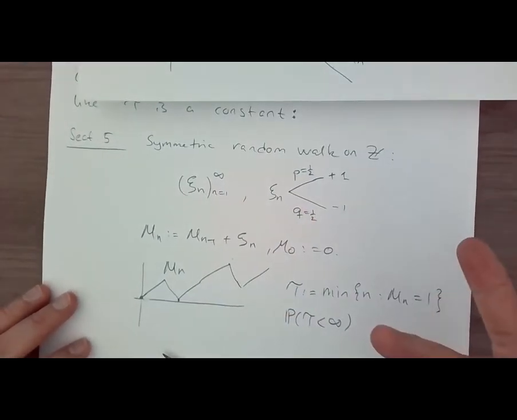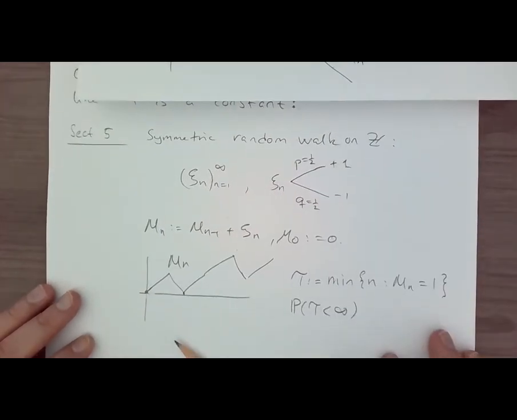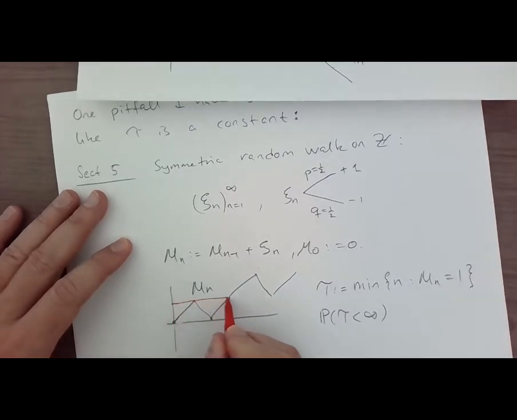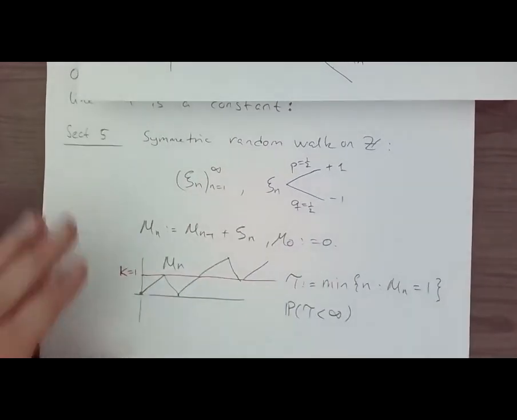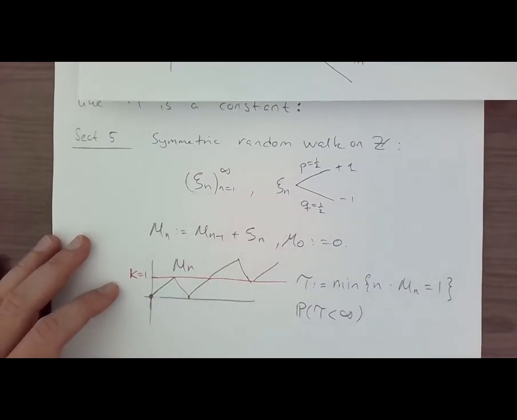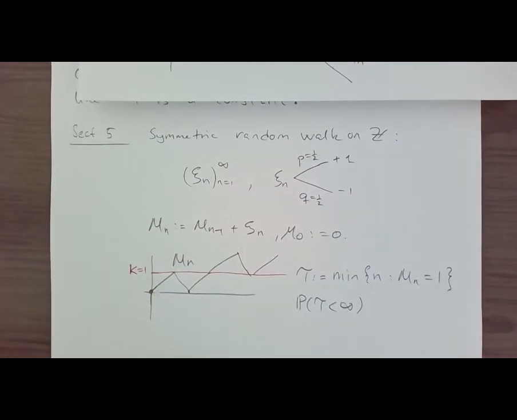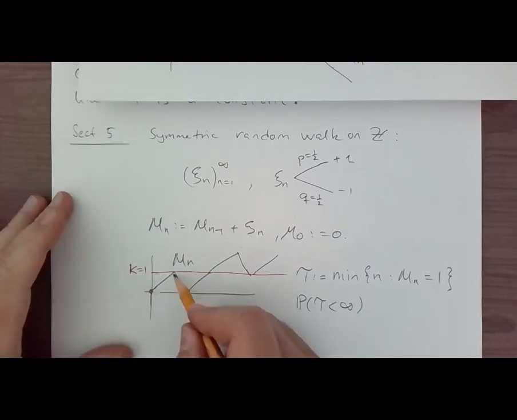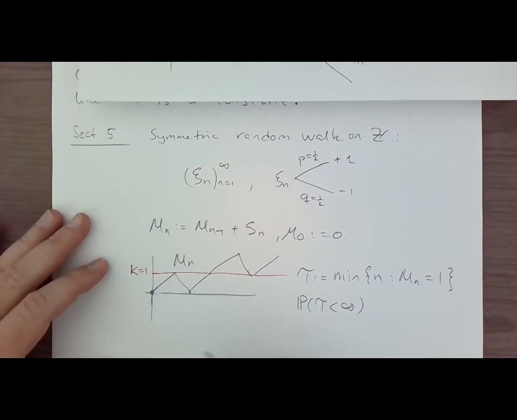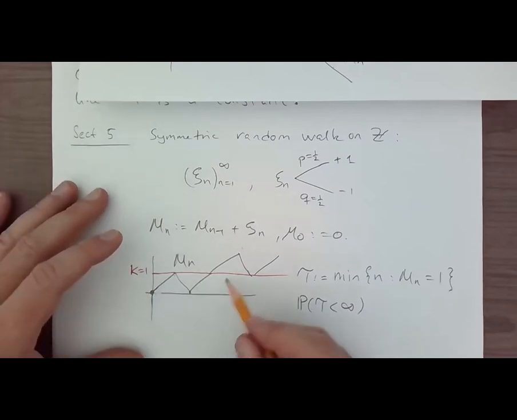Every time I flip heads, I go up. Every time I flip tails, I go down. Will I reach the level 1? That was our first passage time. Will I eventually reach the level 1? I start out at 0. Well, there's a 50% chance that I'll hit 1 after the first coin flip. If I go down, then I need 2 coin flips to go back up to 1.